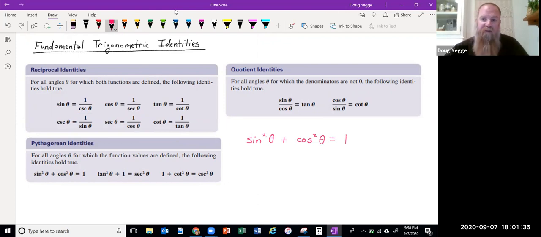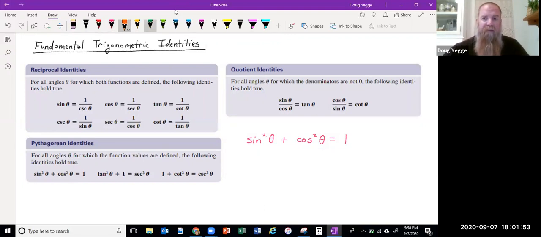Now we should know that that's true if we think about the unit circle, because cosine of theta is the x coordinate, sine of theta is the y coordinate, and so if I apply the Pythagorean theorem, knowing that the hypotenuse is 1, we get the Pythagorean identity.